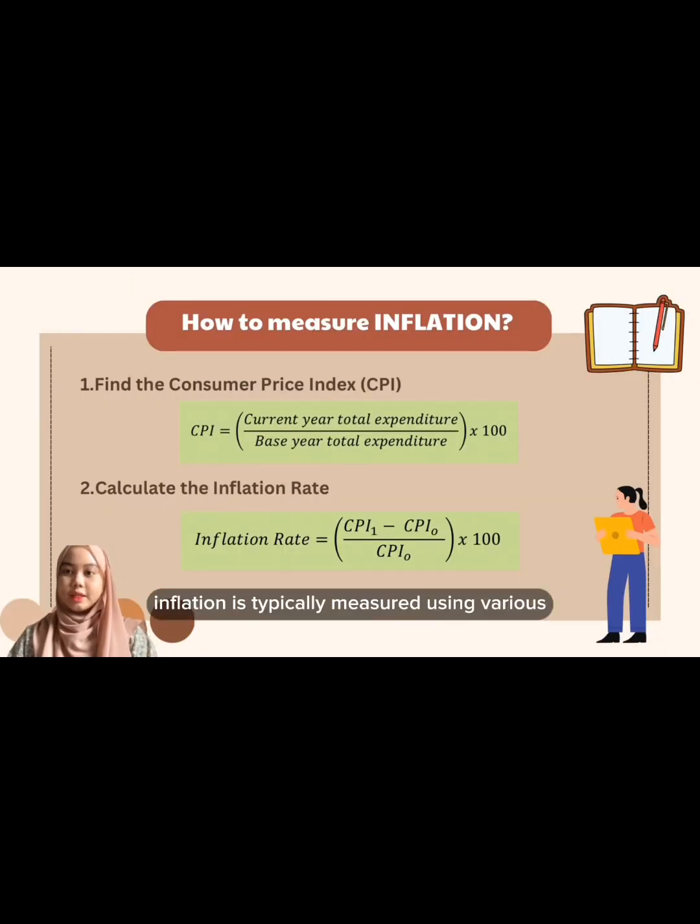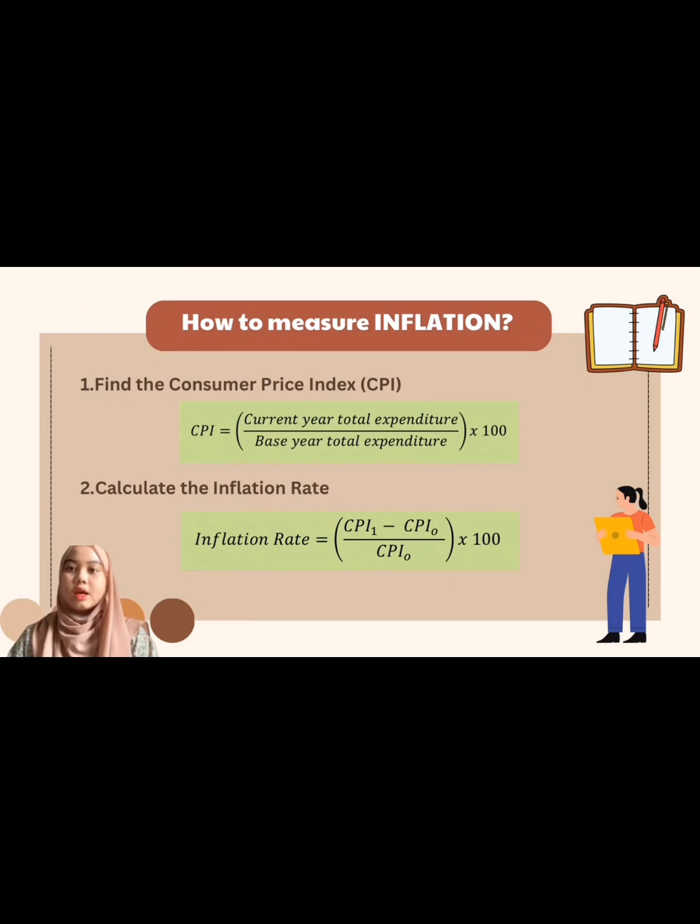Inflation is typically measured using various price indexes, such as the Consumer Price Index (CPI) or the Producer Price Index (PPI). CPI measures the prices of a market basket of consumer goods and services. These indexes track the changes in the prices of a basket of goods and services commonly consumed by households or produced by businesses.